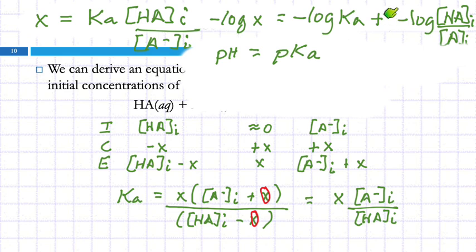Now, we could keep this as negative log of HA over A minus, but we could also change the sign by inverting these guys. So we have plus log of A minus over HA.